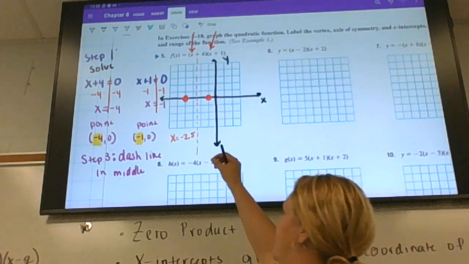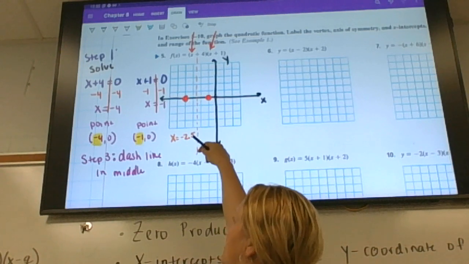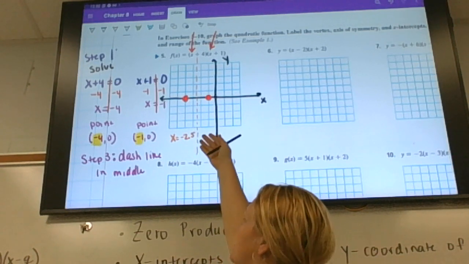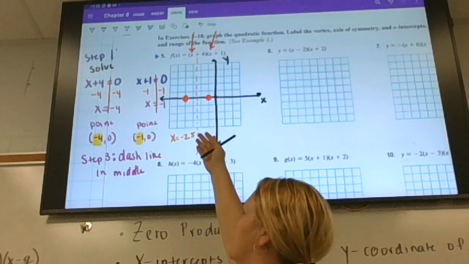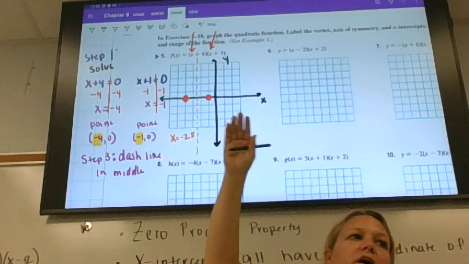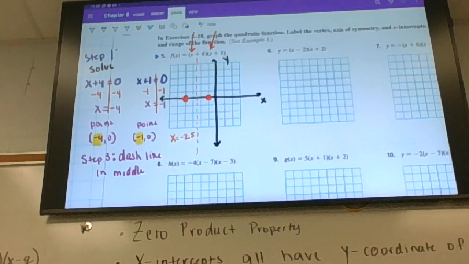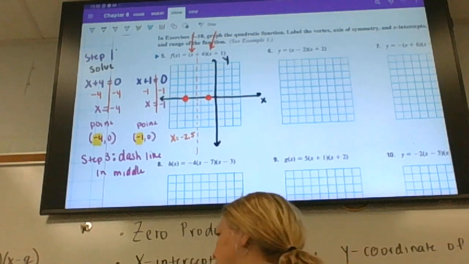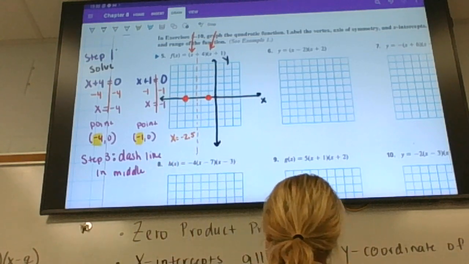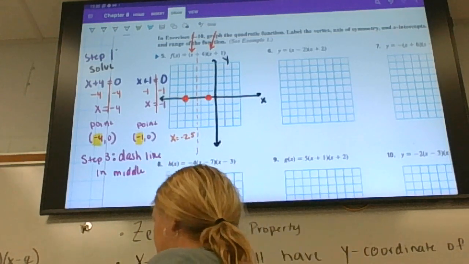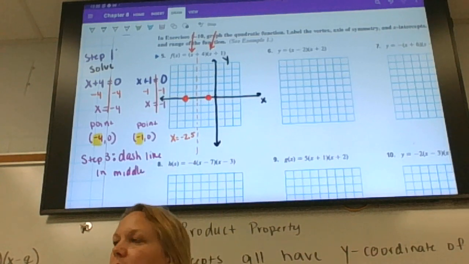Now the vertex is somewhere on here. Step 4 says find the vertex. So we take -2.5 and we plug it in. This is the most difficult part. This is the part that requires the math. This is the part where I might want to grab a calculator. Let the calculator do some work for me.